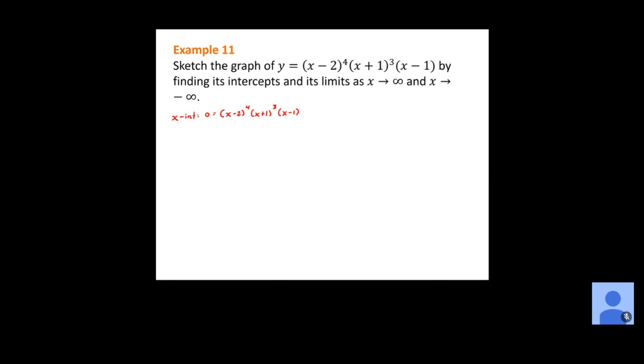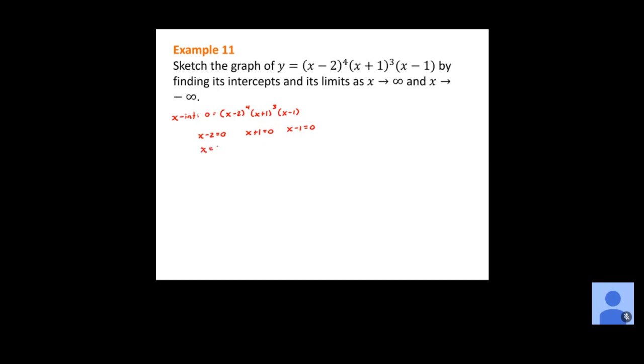And it doesn't matter that they're to the 4th power and 3rd power, right? When we take the 4th root and the 3rd root of 0, it's just going to give us 0 anyway. So we can just say x minus 2 equals 0, x plus 1 equals 0, and x minus 1 equals 0. All right, so what are the x-intercepts going to be this time? Good.